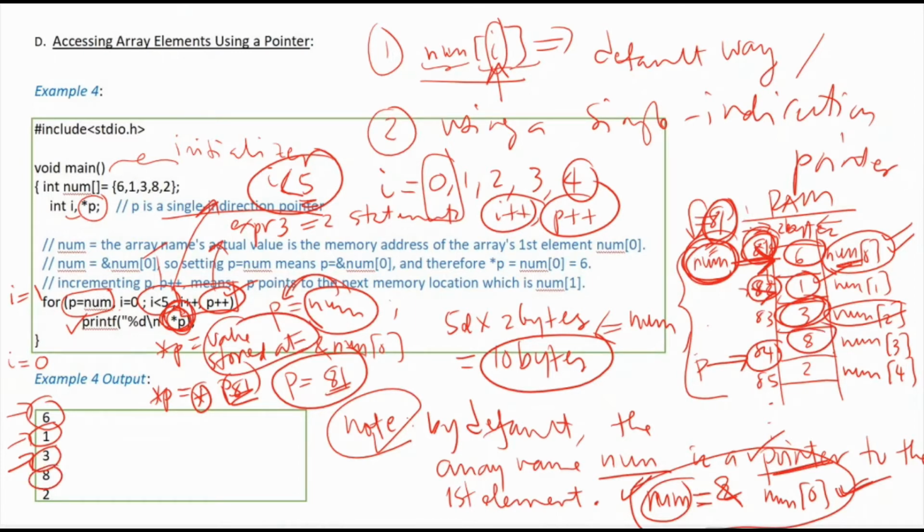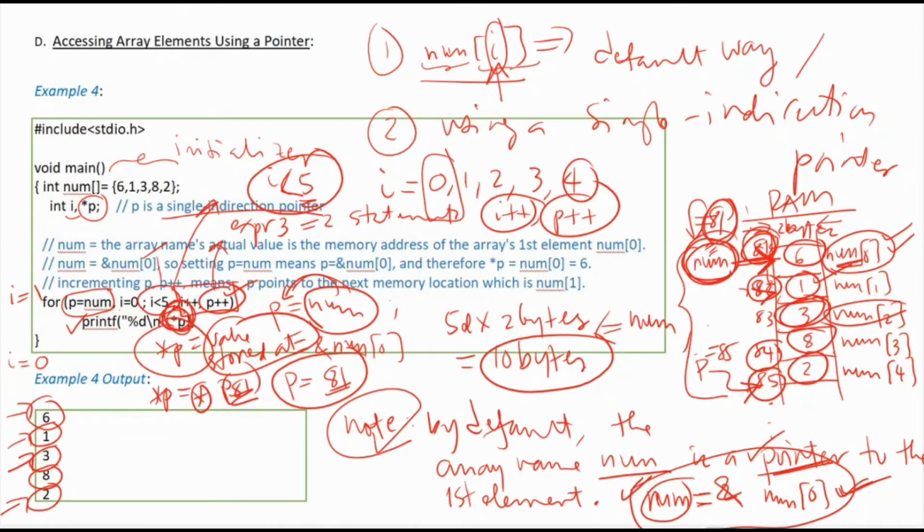And lastly, when we increment P from 84, it becomes 85. So this is now pointing to the last element located at location 85. And when we display asterisk P, the value stored at 85, it is 2. So that's the output on the last line.